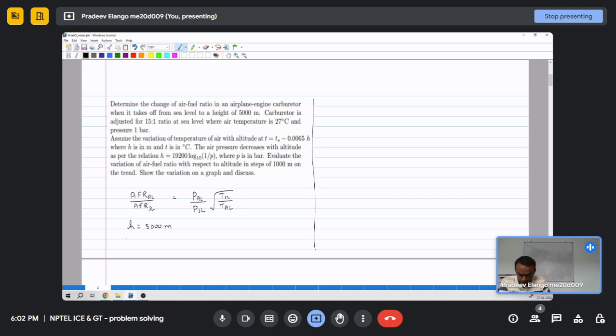Now to calculate temperature at 5000, I will write that as temperature at altitude, that is T at surface level minus 0.0065 H. Ts is given as 27 degrees Celsius, so we can have it in degrees Celsius itself, 27 minus 0.0065 into H, where H is 5000. Can you calculate the temperature?